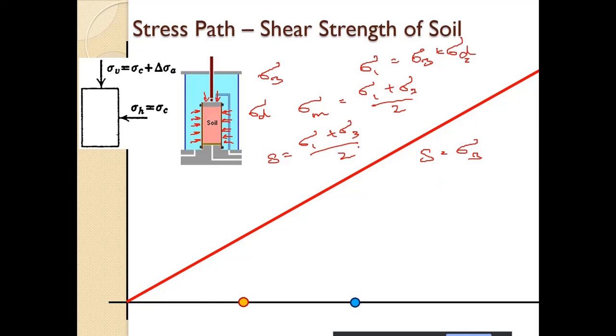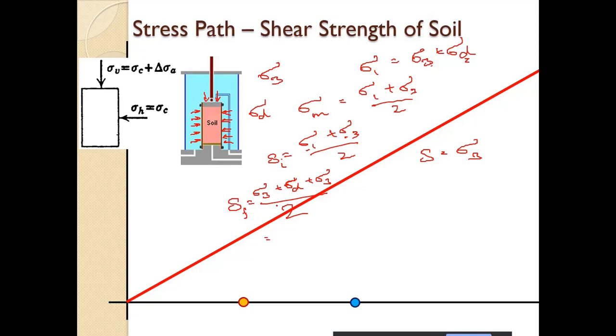So now what we have is S is equal to sigma 3 plus sigma d plus sigma 3, by 2. We have replaced sigma 1 with sigma 3 plus sigma d. Suppose this is initial and this is final.